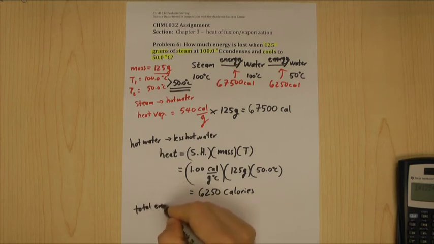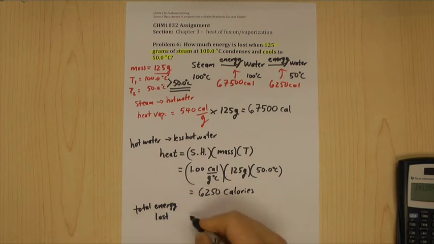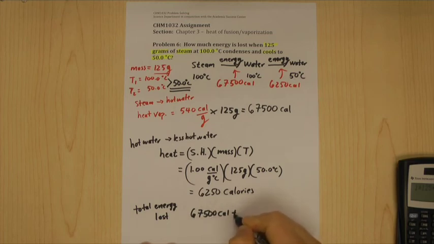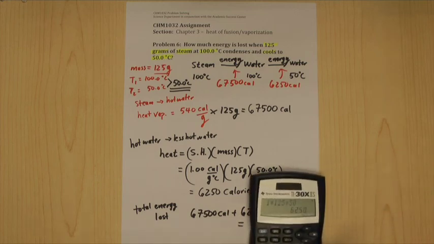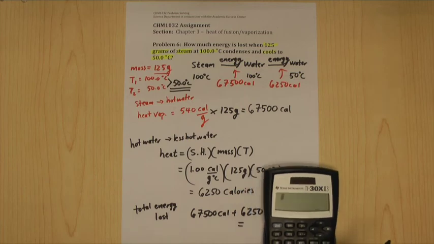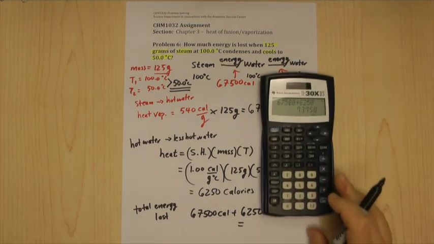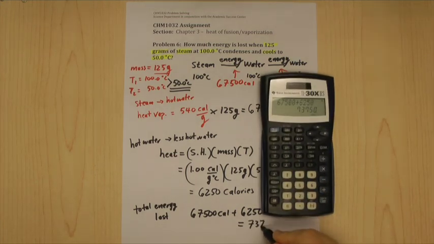Total energy lost will be 67500 calories plus 6250 calories for a grand total of, it's going to be a rather large number, I think, 67500 plus, not multiply by, plus 6250 equals, ooh, look at that, 73750 calories.